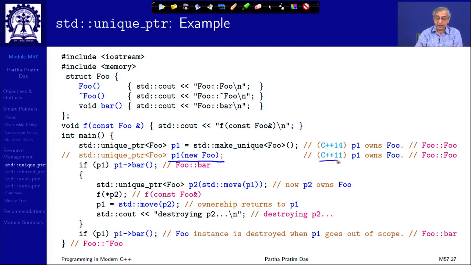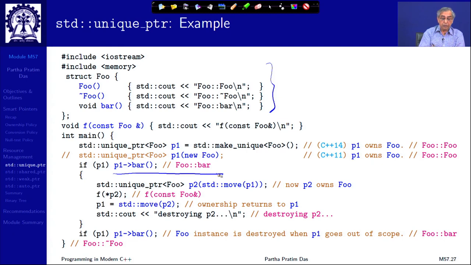That is the C++ 11 style of initializing the unique pointer. C++ 14 gives you something nice. It gives you an STL function make unique, and you can create a unique pointer through that, and you should actually always use that. So, P1 is a unique pointer to an instance of foo.